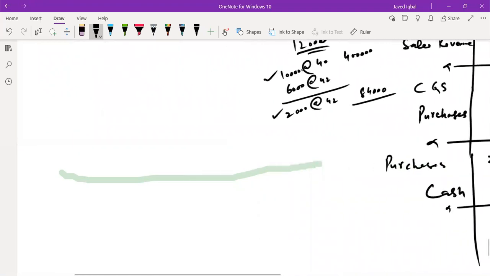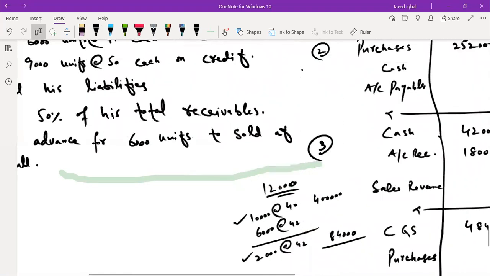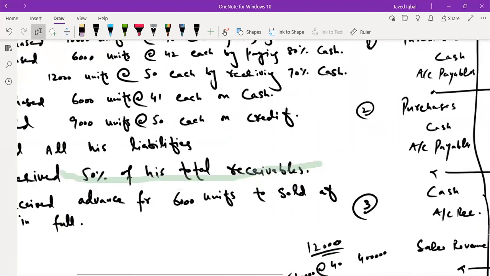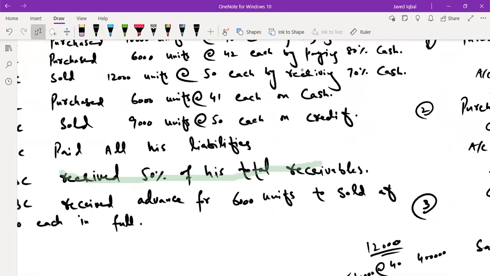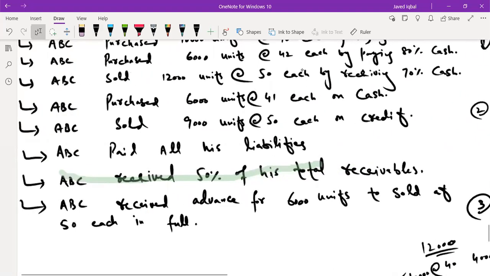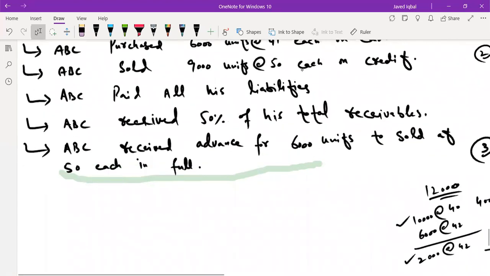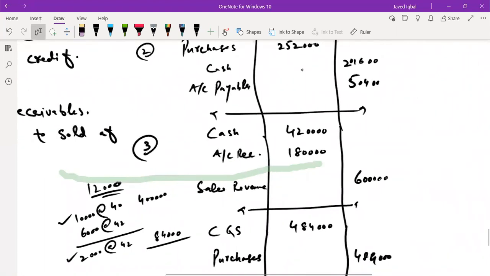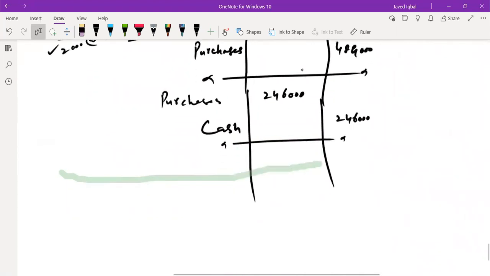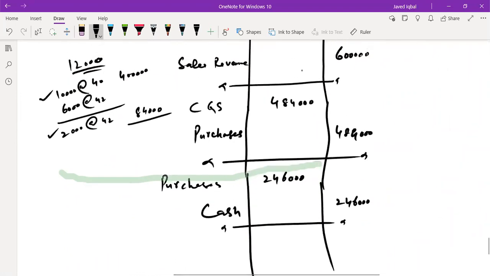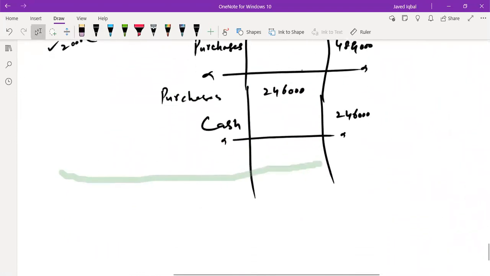Your next transaction is sold transaction. So we have to record 9,000 units sold at 50 each. This is transaction number 5.